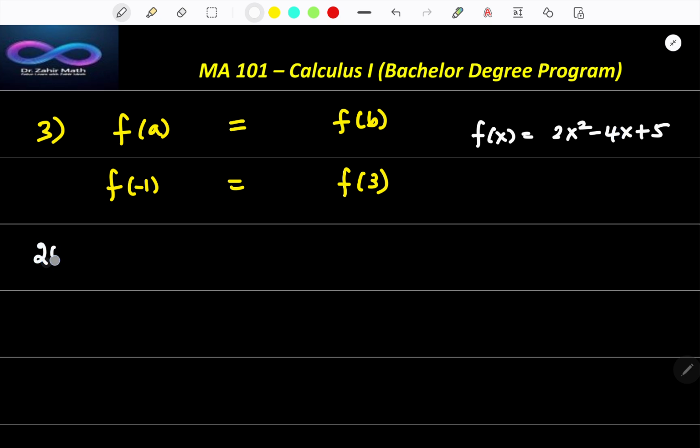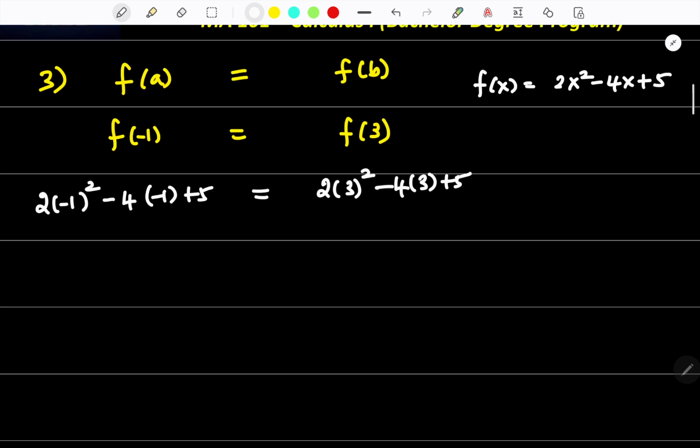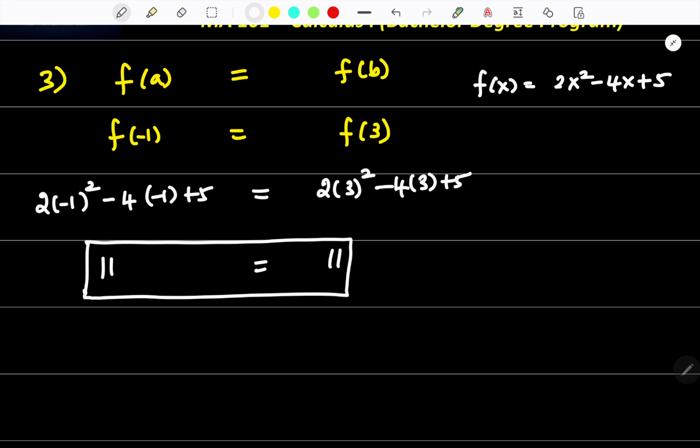So put here 2 into minus 1 square minus 4 into minus 1 plus 5 equals 2 into 3 square minus 4 into 3 plus 5. Take your calculator, or in the mind you can work it out. So it is 11 and this is also 11. So the third condition is satisfied, right? What is the condition? F of a is equal to f of b.